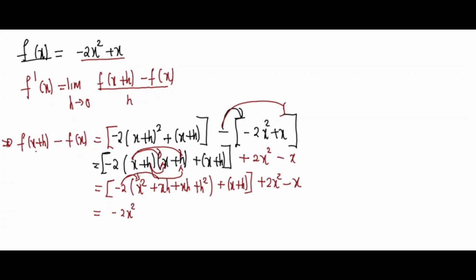So here, let's pause for a minute. Here we see that we have xh and xh. So they're adding each other, so in our mind we will have 2xh. So now we are no longer going to multiply it individually. We are going to say minus 2 times 2xh. It would give us minus 4xh.